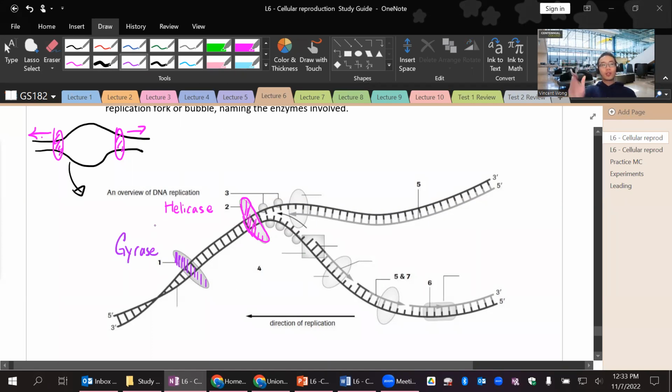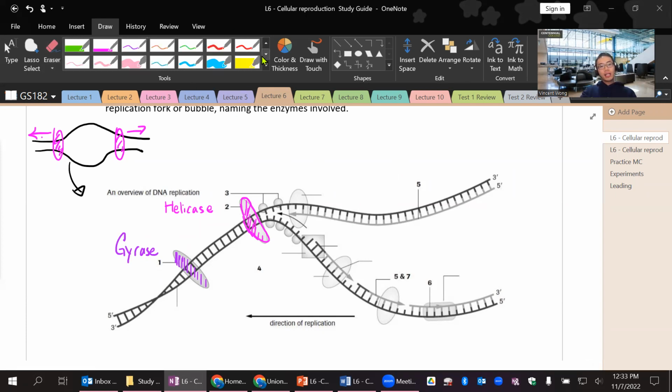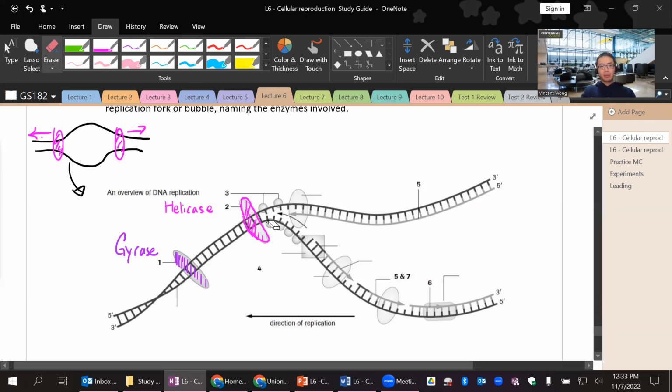Okay, so just to reiterate, as helicase unzips the DNA, you need to relieve the tension. The gyrase does that. The gyrase will reduce the tension, so the DNA is not going to break. Now, the DNA strands, the parent strands, they would have a tendency to reconnect together. They want to come back together because the nitrogen bases are attracted to each other, and we certainly want to keep them apart, and that's what these little circles are going to do.